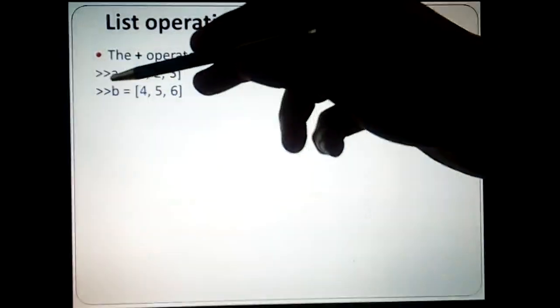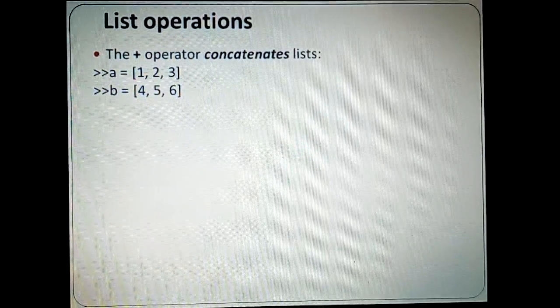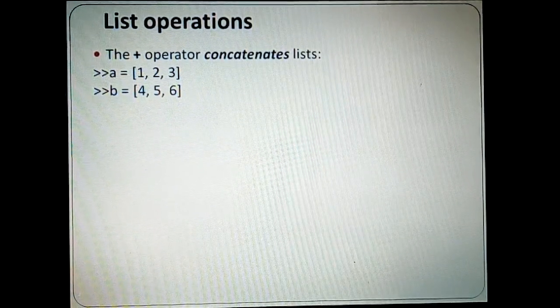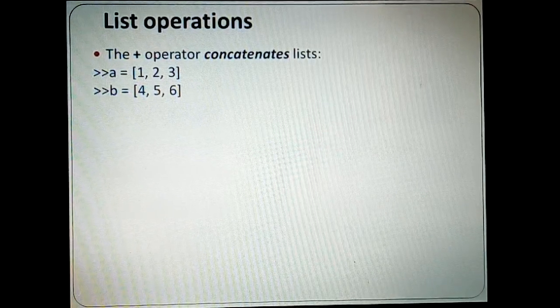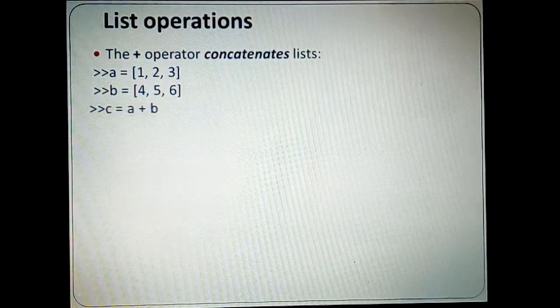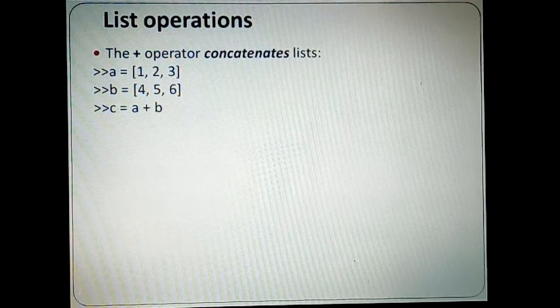Now for example, I have list A equals 1 2 3 and B equals 4 5 6. I want to join them. Concatenation also means joining. So I can join the two lists by using, let us say, a third list. I would say C equals A plus B, and then finally when I say print C, it would be the joined list.